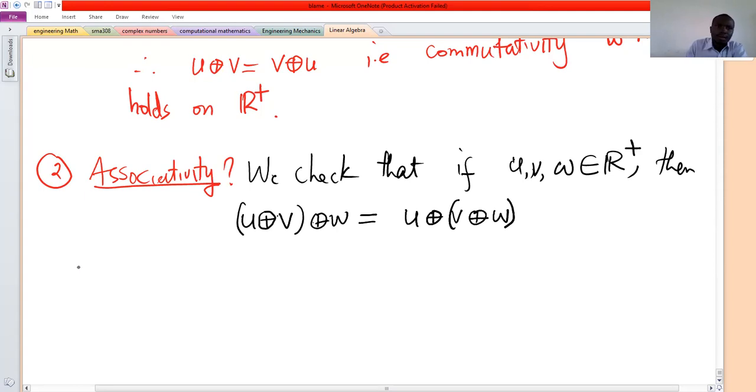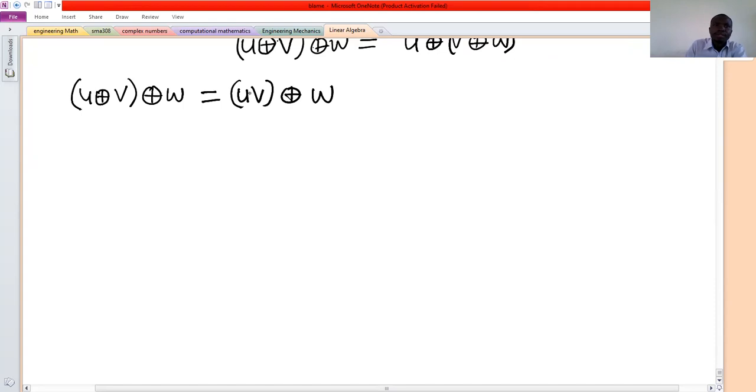Now let's start with u plus v and then plus w. By definition, u plus v is given by uv and then plus w. This is just like one element, so it'll simply be uv and then w.